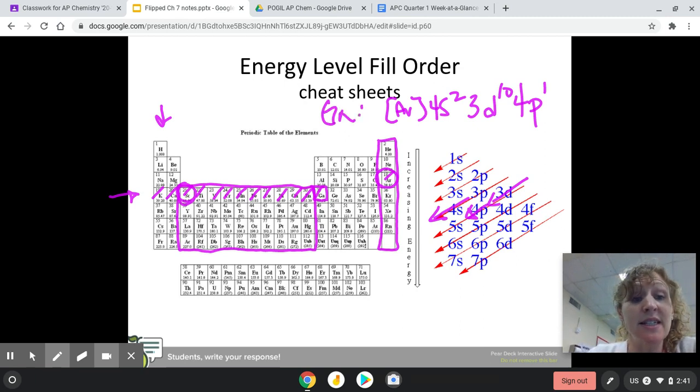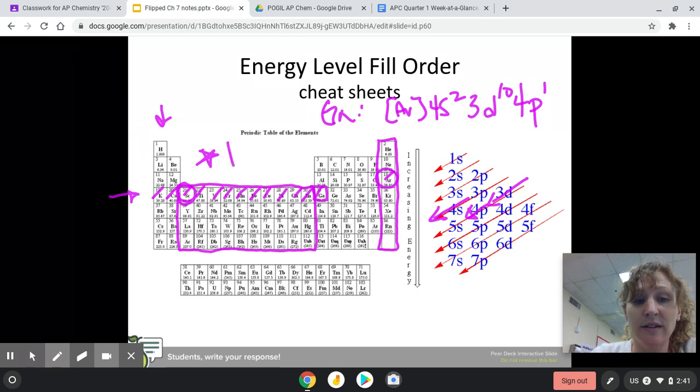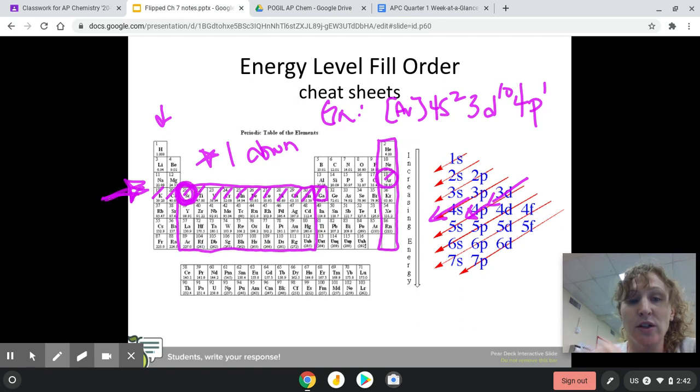Just like the d orbitals are 1 down from the row that they're in. So like this scandium is in the 4th row, but it's going to be putting an electron into the 3d orbital. Similarly, the f orbitals are down by 2.